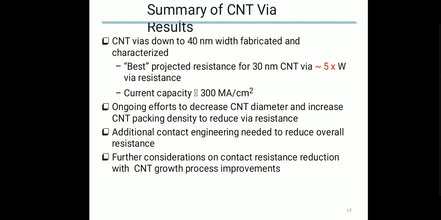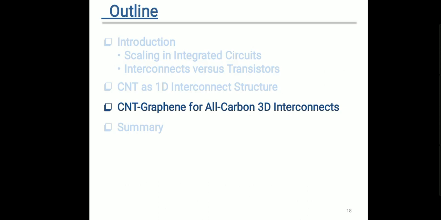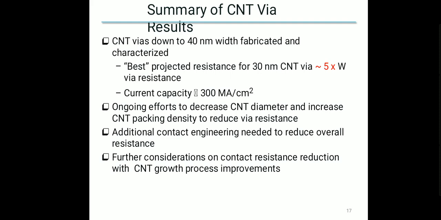And this is the summary of the CNT via. CNT vias down to 40 nanometer width were fabricated and characterized. Best projected resistance for 30 nanometer CNT via 5 into W via resistance. Current capacity is 300 mA per centimeter square.